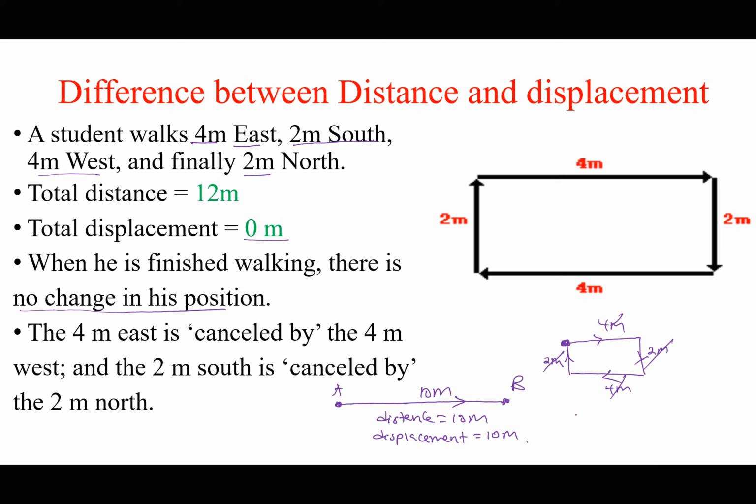If I moved from A to B, let's say 3 meters, and then I moved from B to C, which is vertical downwards, and which is 4 meters.